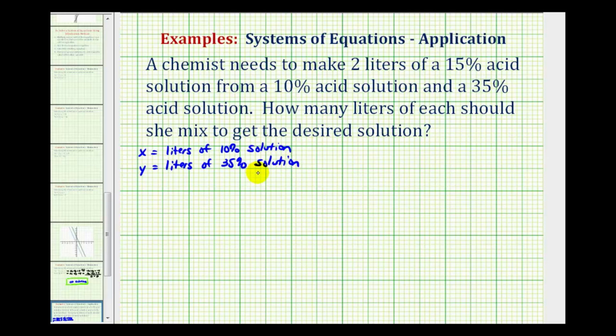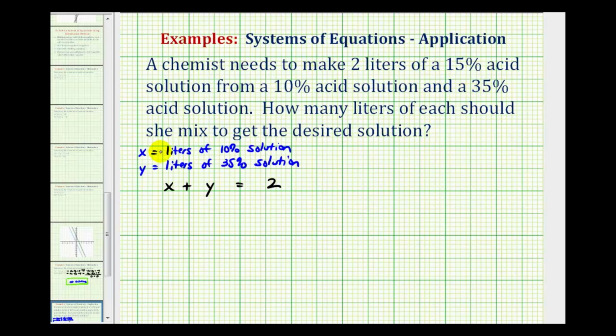Now let's see if we can write our two equations. We know after mixing these two amounts, we'll have exactly 2 liters of the 15% solution. So our quantity equation will be x plus y must equal 2 liters. The second equation is going to deal with the concentrations of each solution.